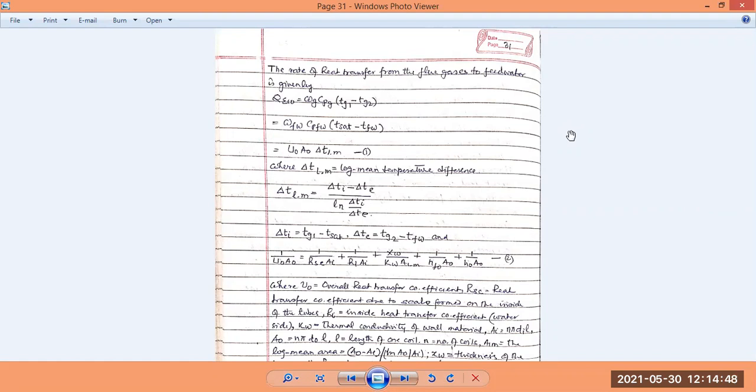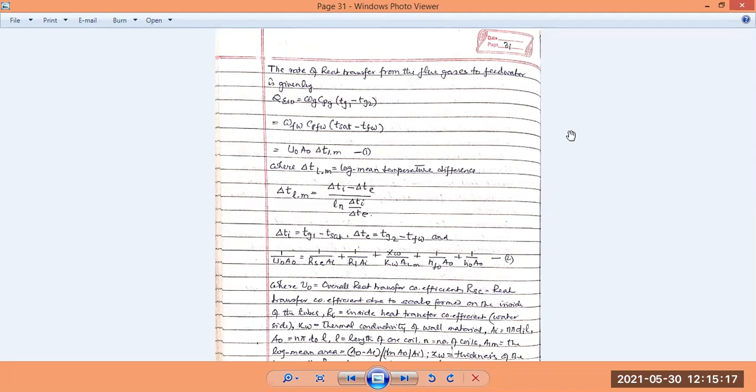This is equal to omega F water, the feed water going up, into the specific heat of the feed water multiplied by the temperature of saturated steam minus the temperature of feed water, which is equal to U0 A0 into delta Tm, where delta Tm is the log mean of the temperature difference.